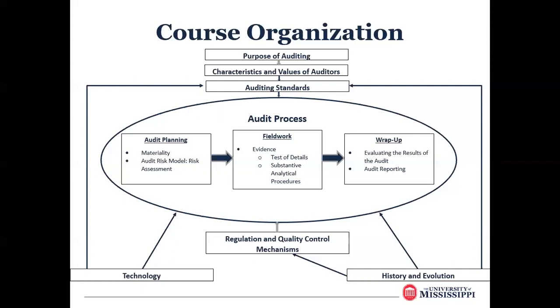The second step is what we call field work, which is when the auditor is gathering evidence about the financial statements. The evidence that auditors gather will be through what we call a test of details, and then also through what we call substantive analytical procedures. And then the third step is the wrap-up phase of the audit, where we evaluate the results of the audit and prepare the audit report.